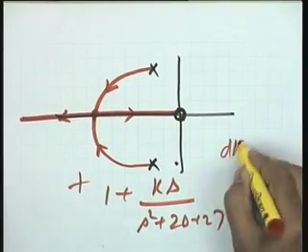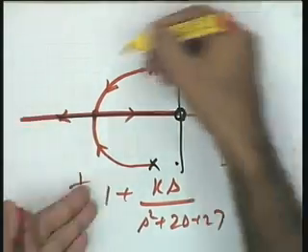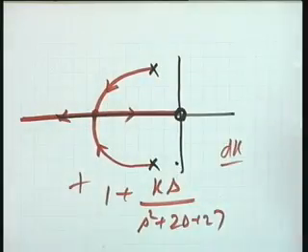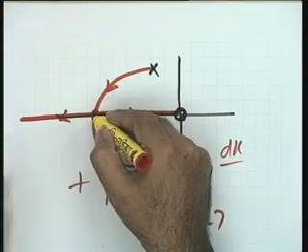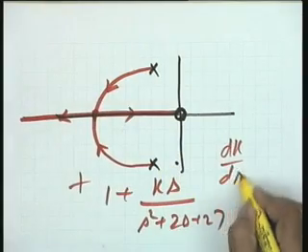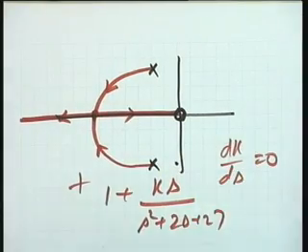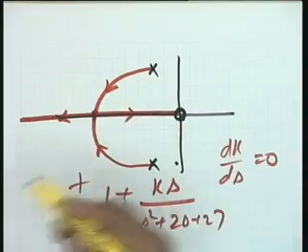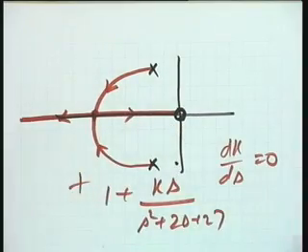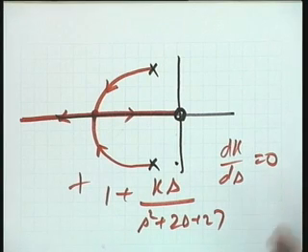That is why I said that, whether the breakaway comes this way or the other way, in this particular case also, this is a local extrema, which is given by the rule dk by ds is equal to 0. There may be more than 1 point, but this particular point which you will get on this axis satisfies the angle criterion, and hence your breakaway requirement is satisfied. Okay? Any question on this, please?